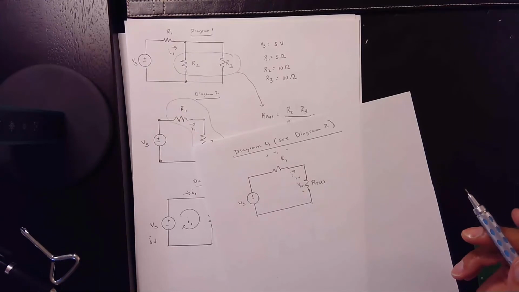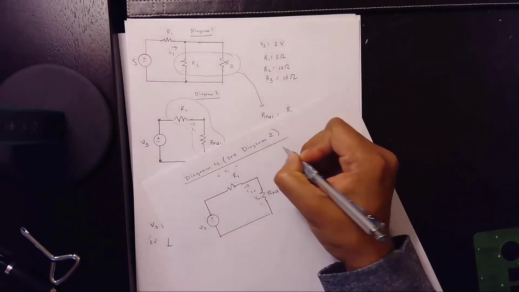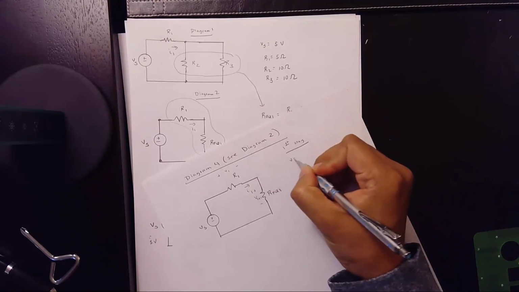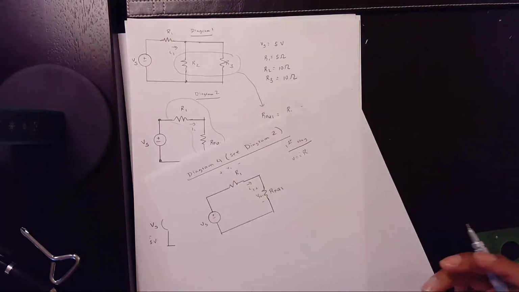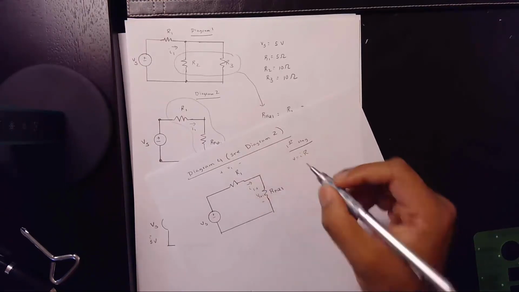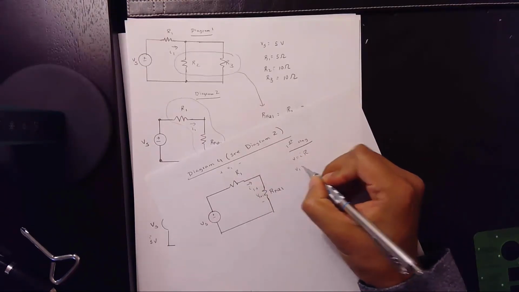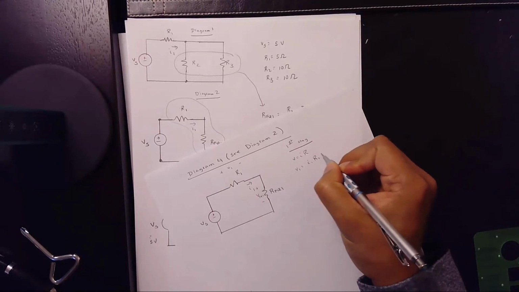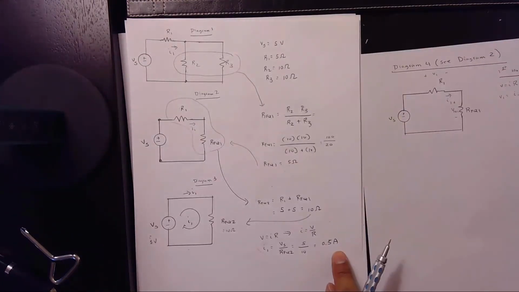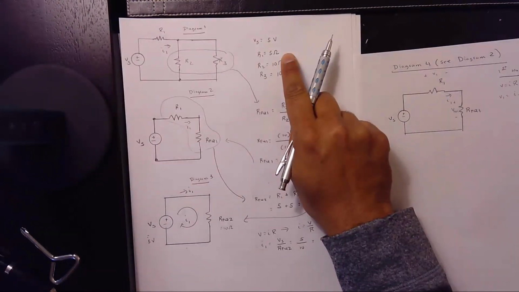How do you do it? Well, there's 2 ways. The first way is very simple. It's called V equals IR, right? So V1, you have I1 going over R1. So V1 is I1 going over R1, which is what? 0.5 amps. R1 is 5 ohms.